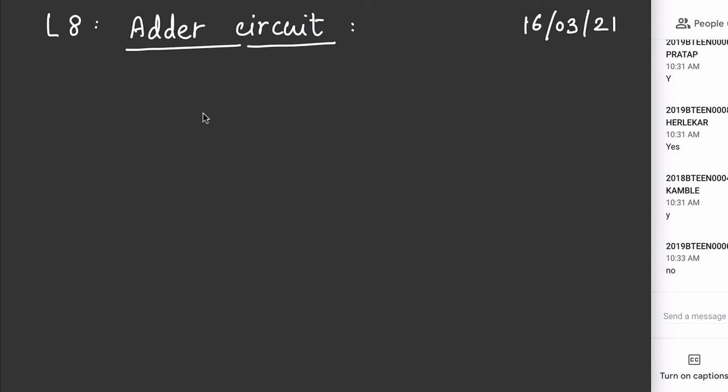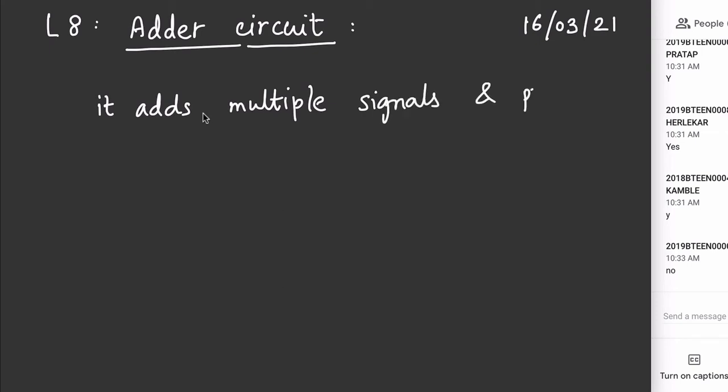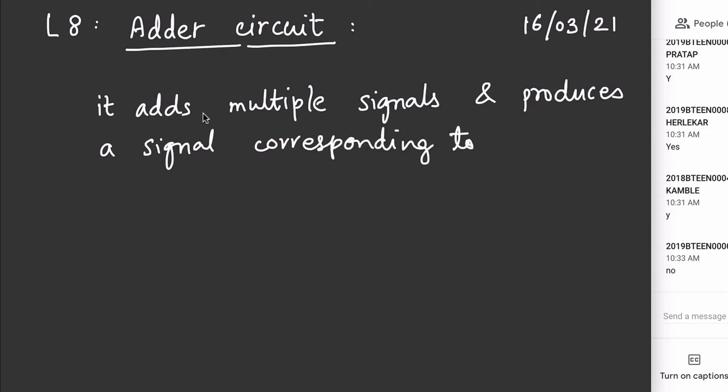So what the adder circuit does is it adds multiple signals and produces a signal corresponding to addition of input signals.